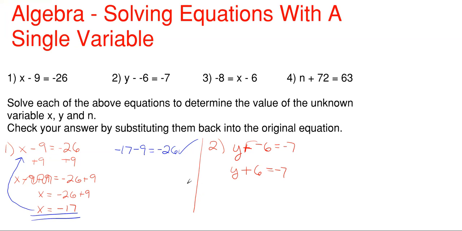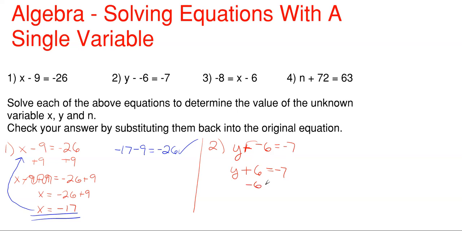Just like with the first equation, we want to get our y variable isolated. It doesn't matter what the variable is, if it's x, y, n, t, a, you treat it all the same. We want to get it isolated so it's by itself. So I'm going to have to move this plus 6 to the other side. Anytime you move something to another side of an equation, you use the opposite sign.